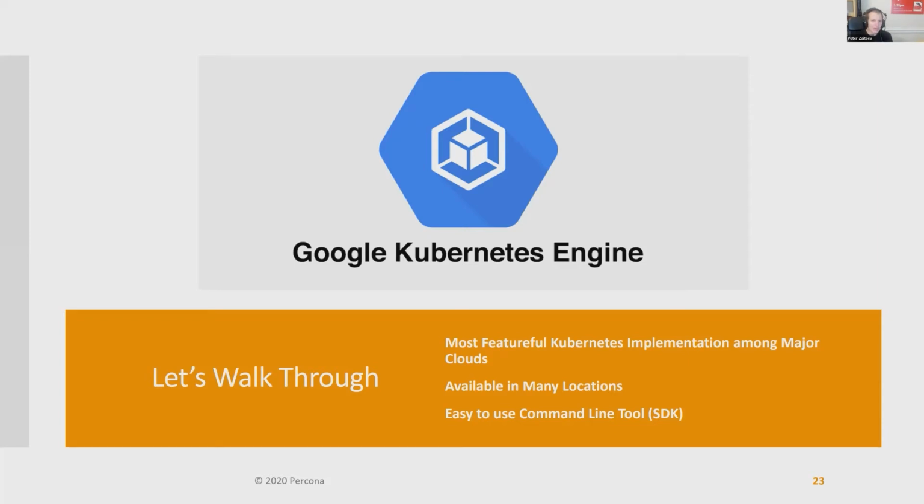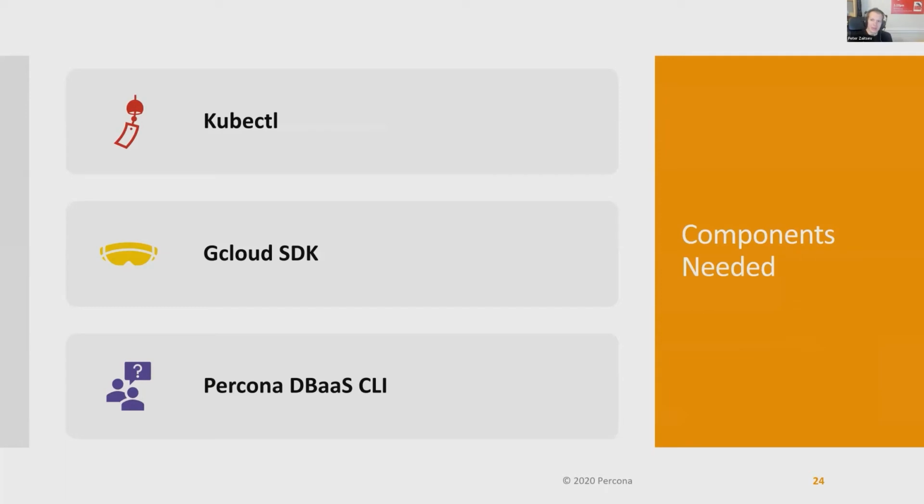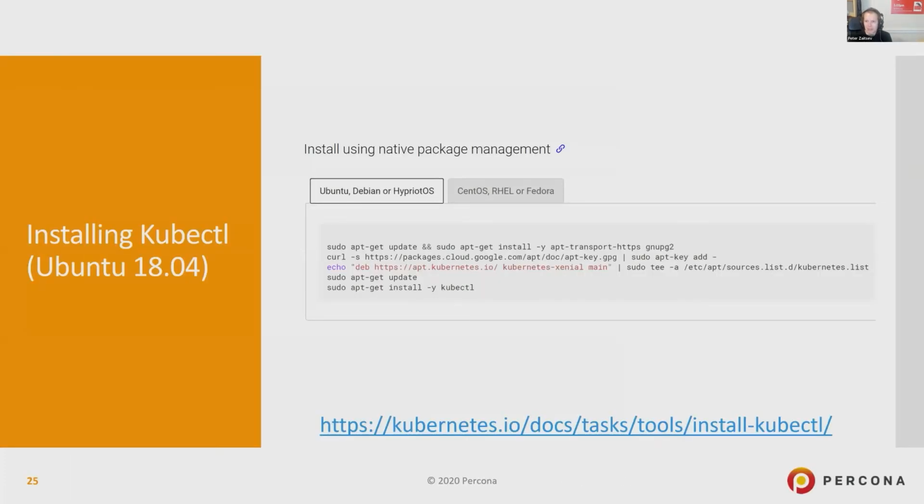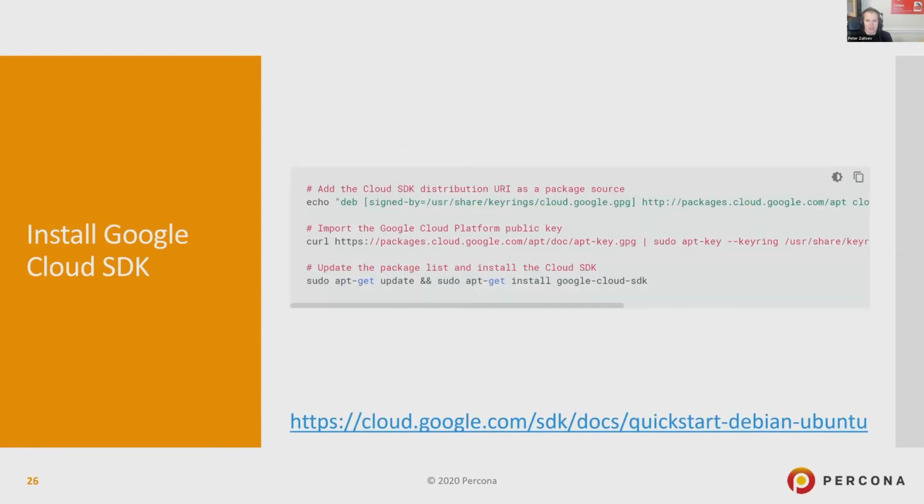So what do we need to have our database cluster deployed in Kubernetes? We need kubectl, Google Cloud SDK, and Percona Database as a Service CLI. How to get them? To install kubectl, you just connect to the packages repository and install kubectl.